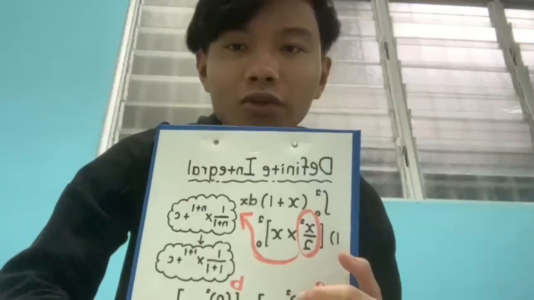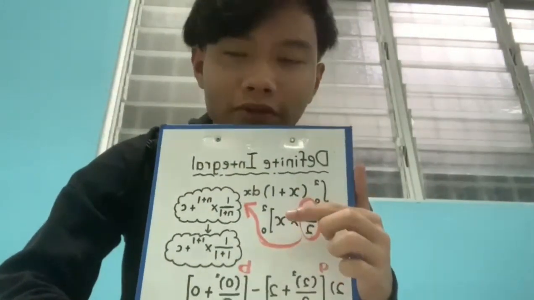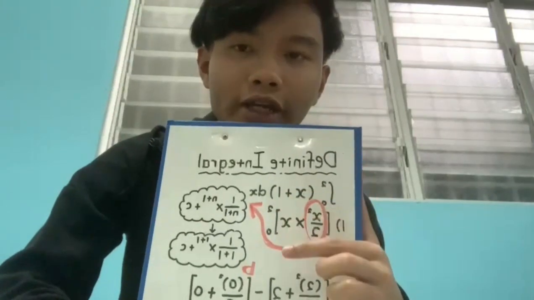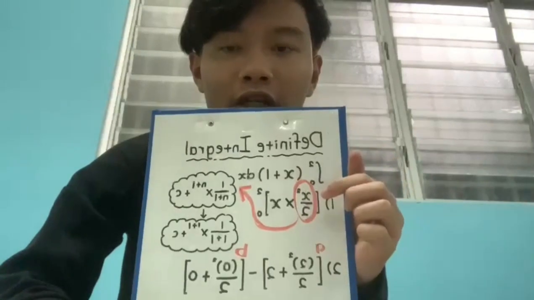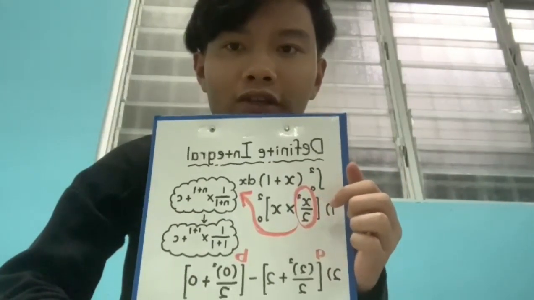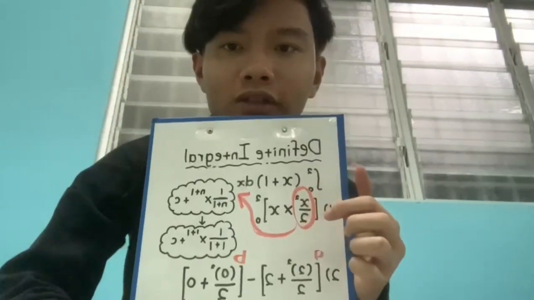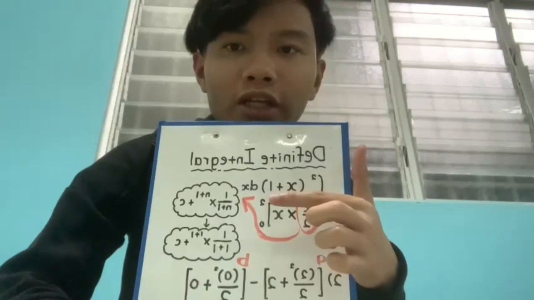Okay. So as I told you guys earlier in this video, the 2 represents A and 0 represents B. So for the second step, this is the new formula, that is x squared over 2 plus x. So as you guys can see here, the value of A is 2.